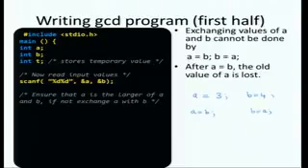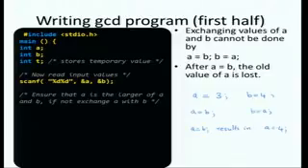Note that this is the assignment statement. So after I execute this line, B is 4, so A will be 4. A equal to B results in A equal to 4.